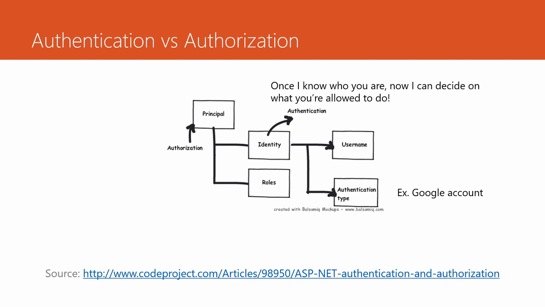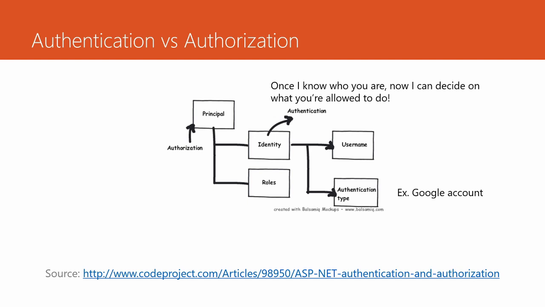It tells me who you are, but then authorization tells me what you're actually allowed to do. Okay, so this boils down to who are you and what are you allowed to do. Okay, so there's kind of two levels to this.